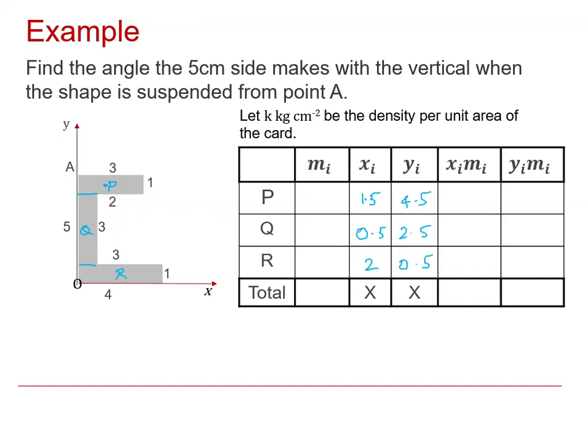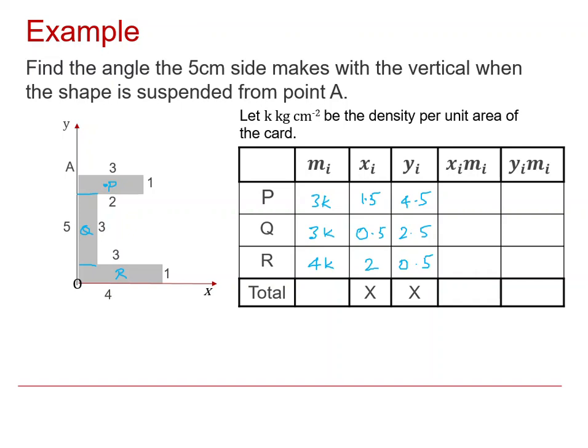Now what about the mass? Well, we work out the area. For P, the area is 3 square centimetres, so we get 3k kilograms. Similarly for Q, that's also 3k kilograms, and for the final one, R has mass 4k kilograms.